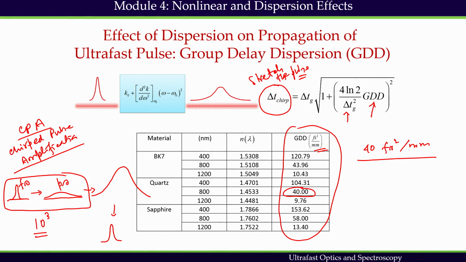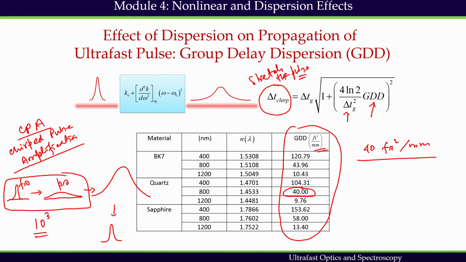Chirped pulse amplification is very important to create high power lasers, because if we directly introduce a short pulse into the amplifier, due to its peak power it will damage the optical media. That's why we have to reduce the peak power, and in order to do that we have to elongate or stretch the pulse, in other words introduce a chirp.